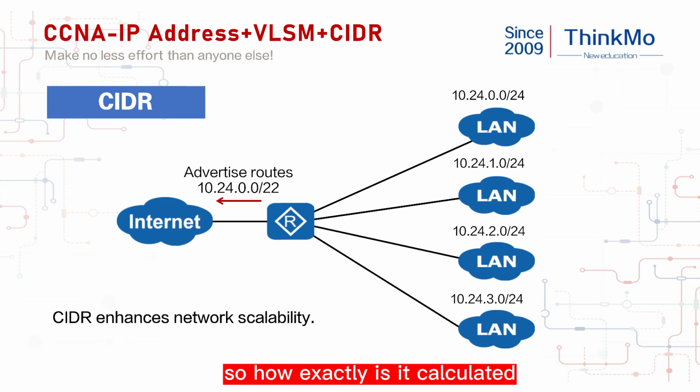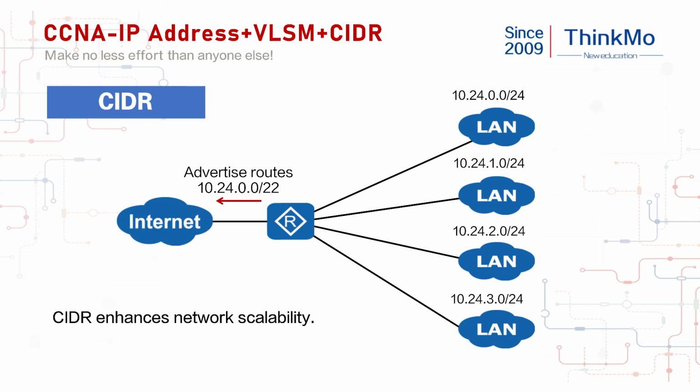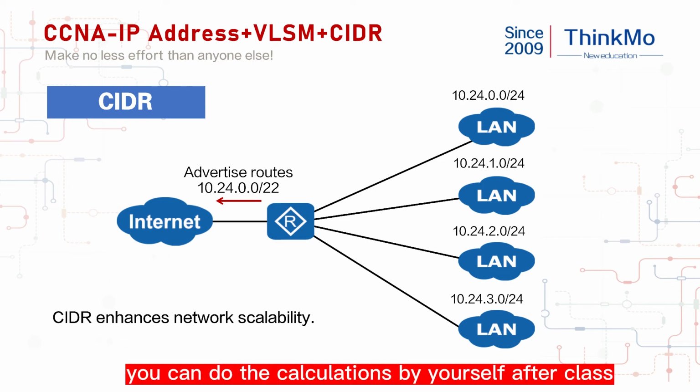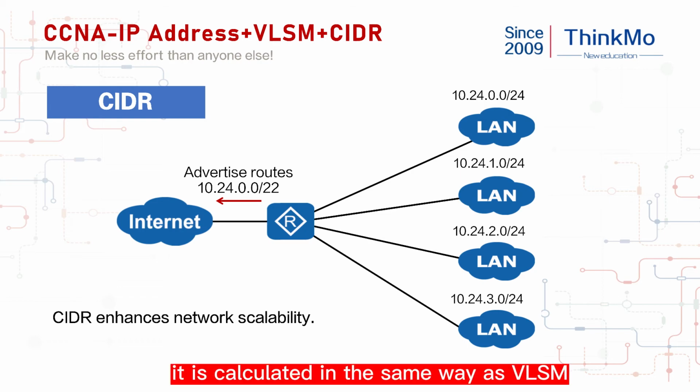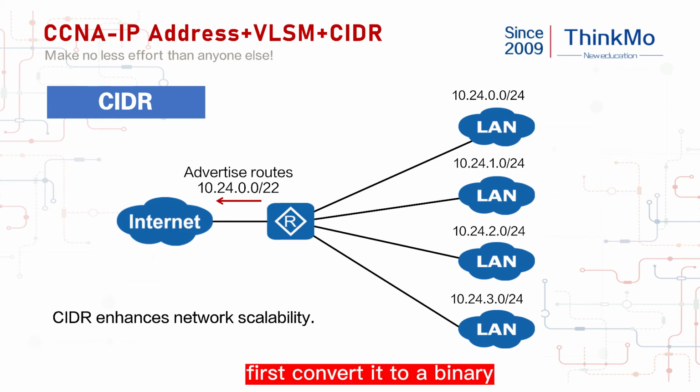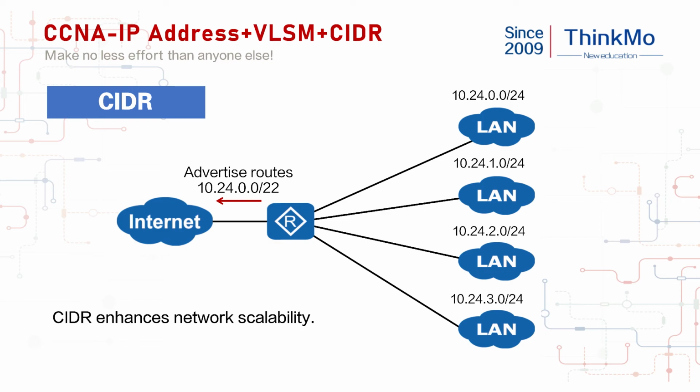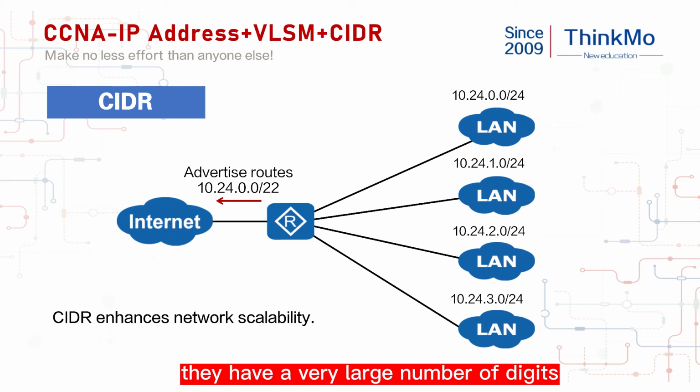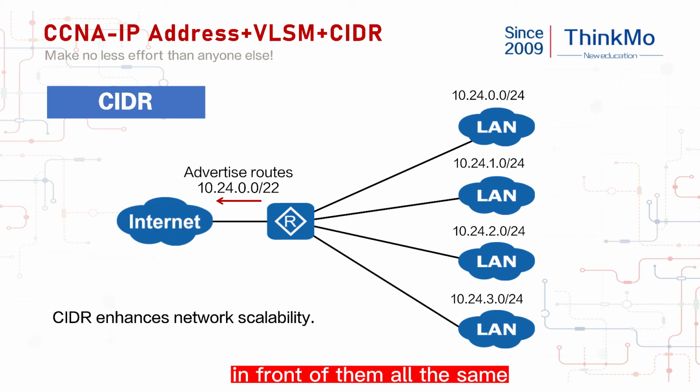So how exactly is it calculated? I can also briefly tell you how. You can do the calculations by yourself after class. It is calculated in the same way as VLSM. First convert it to binary. After converting, you will find they have a very large number of digits in front that are all the same.